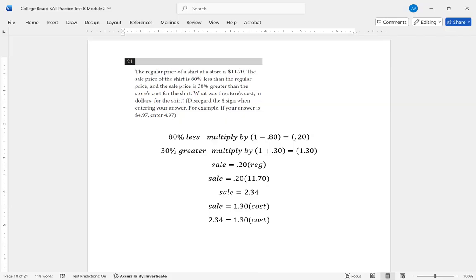When I divide both sides by 1.30, I end up with a cost of $1.80. Now, when we write that in, just disregard the dollar sign. We write that as 1.80. So the final answer to question 21 is 1.80.